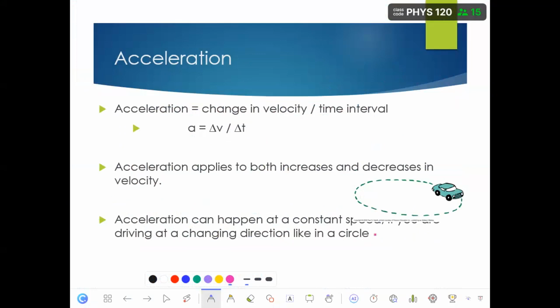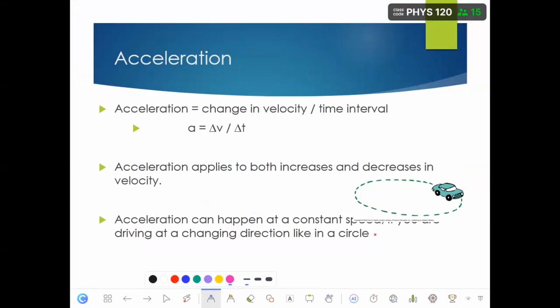When the velocity changes, we have a new definition. You have heard that a car is accelerating or a car is decelerating. Accelerating means that it is speeding up. Decelerating means that it's slowing down.